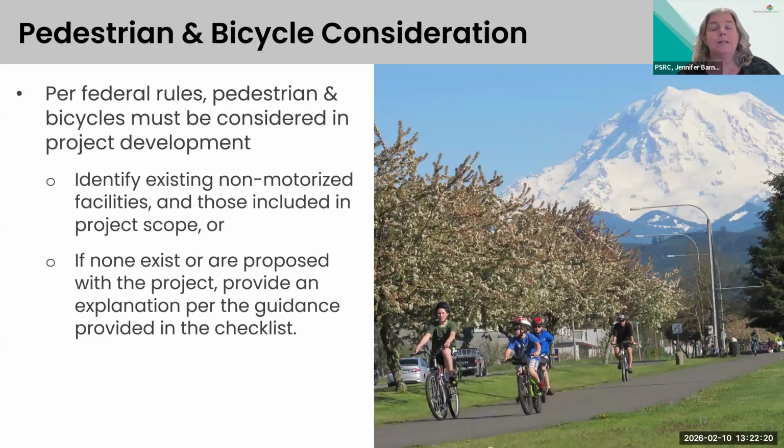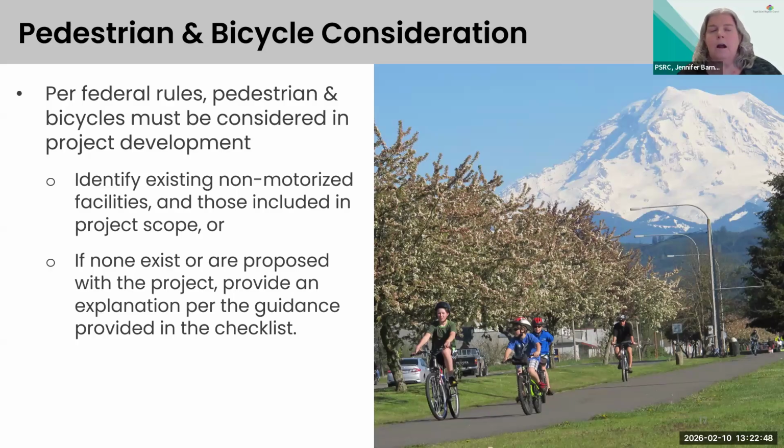This is a category which is, I think, pretty easy for most of the TAP projects, since they are bicycle and pedestrian projects largely in those other categories as well. But we do have federal rules that we need to follow that require that we ask for identification of existing non-motorized facilities in the project area, and then also a listing of whatever bicycle and pedestrian facilities are included in the project scope.